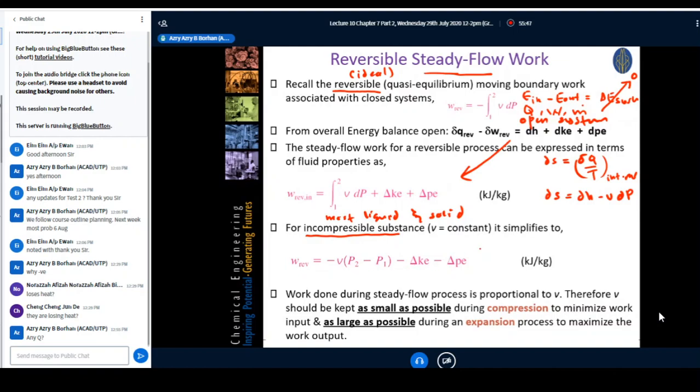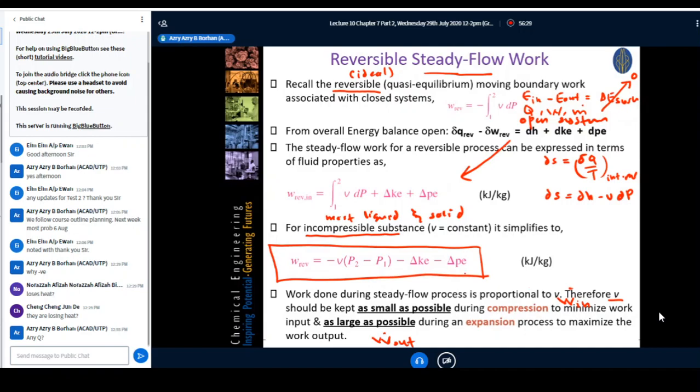So guys, what we can deduce from this relation is that the work done during the steady flow process is proportional to your specific volume. Your V should be kept as small as possible during compression. This is to minimize your work input, that means W in, and as large as possible during the expansion process to maximize your W out.